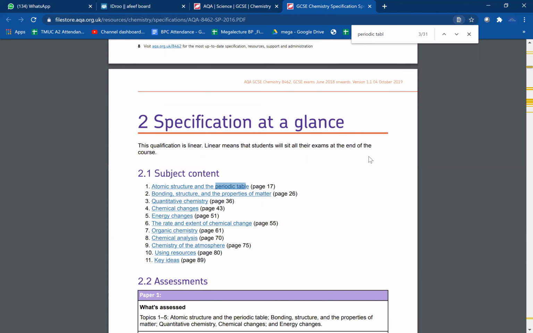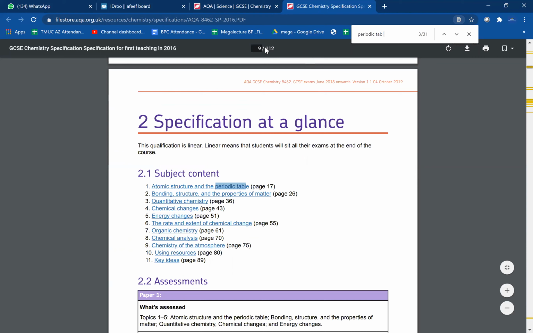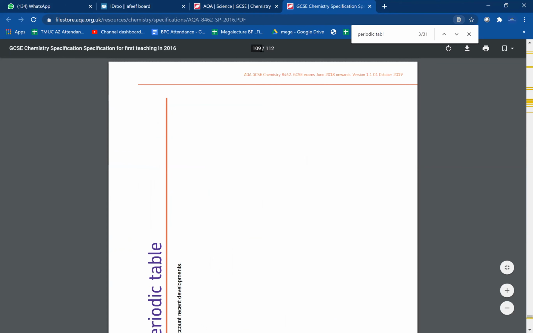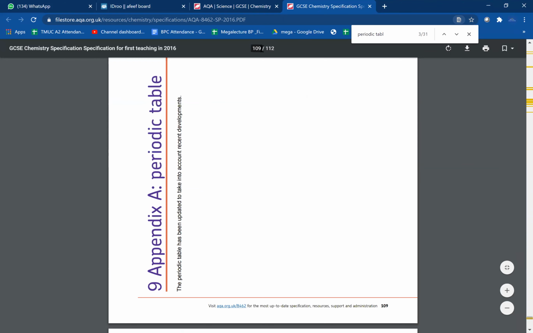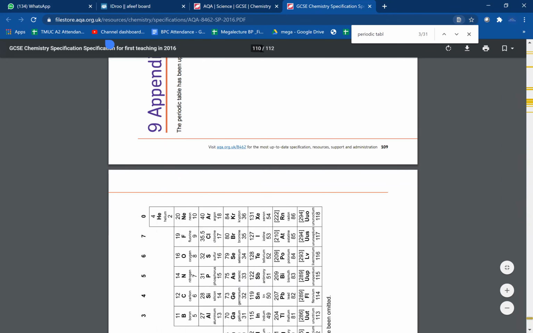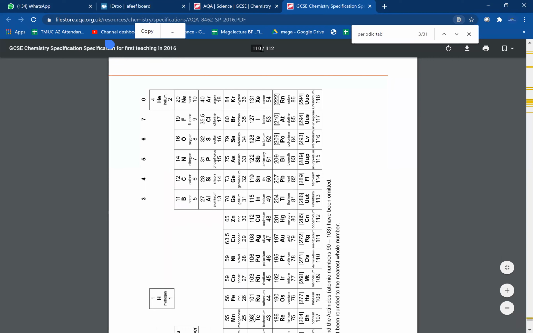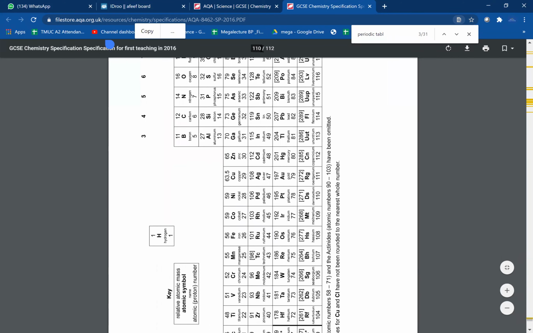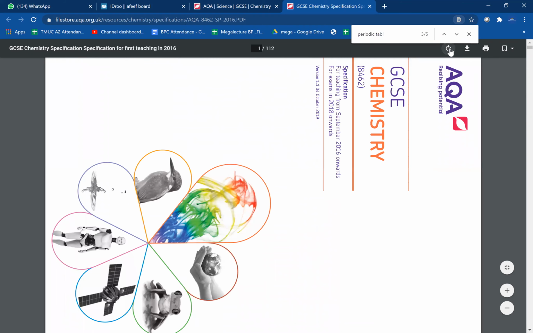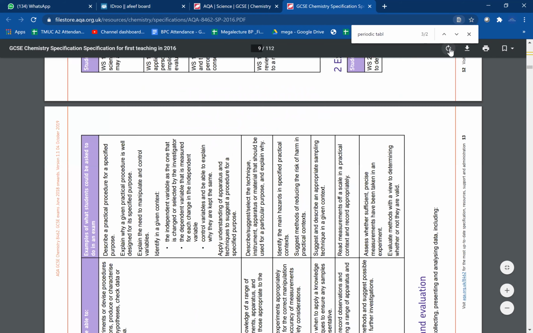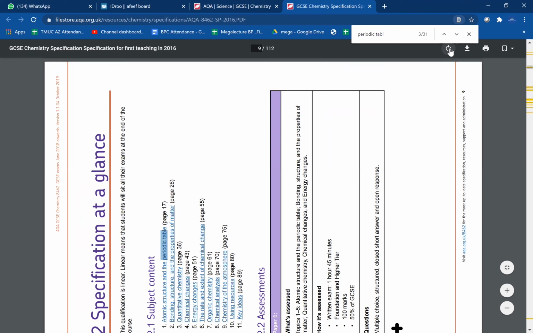Page 109, there's the periodic table. You can either Google it, but there are lots of periodic tables. I think you should use this one.